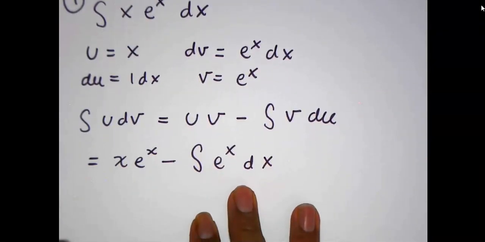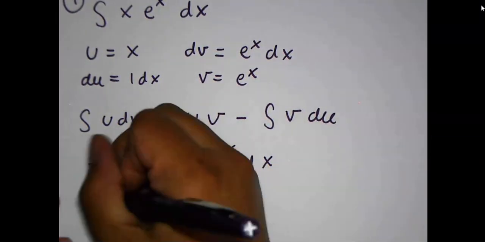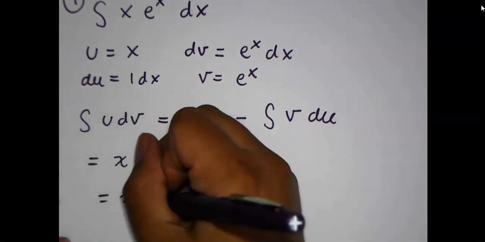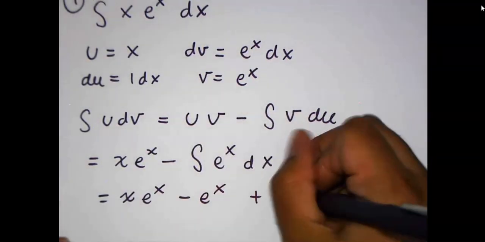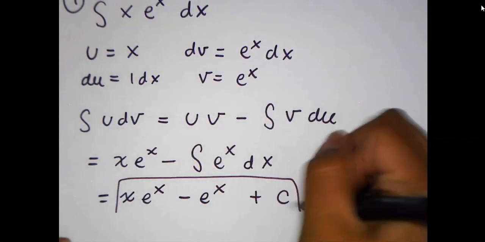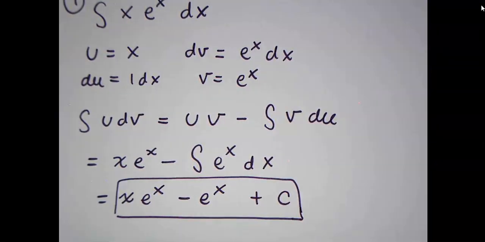Okay, we're almost done. Because now the integral of e to the x, we said, is e to the x. So it's going to be x times e to the x minus e to the x plus c. Okay? If you do not remember some of the rules, go back to 8.1 and go back to that slide where it has all different basic integrations that we've learned in calculus. For example, the integral of e to the x is e to the x.